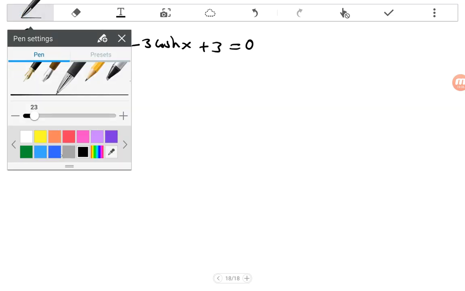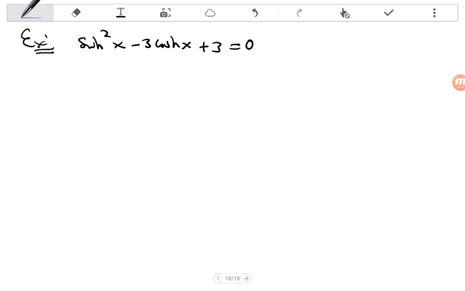Now let's check this equation. Sine squared x minus 3 cosine x plus 3 equal to 0. We have just learned the skills that we need to express them in terms of one. First, the same angle.